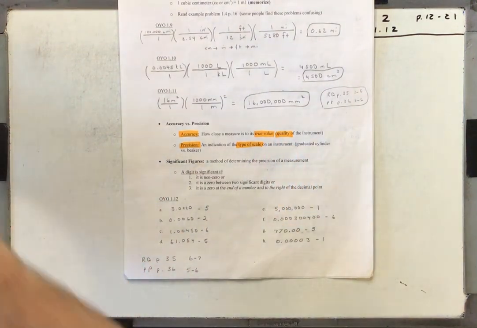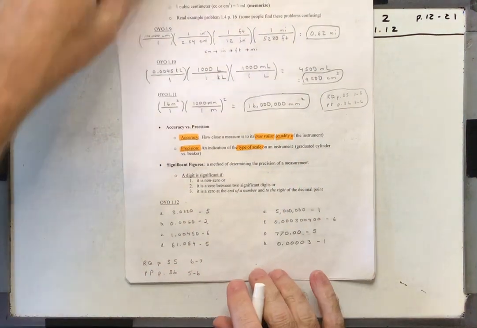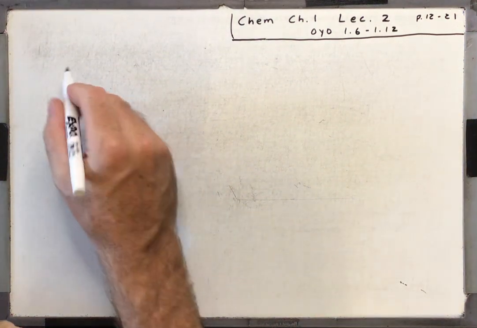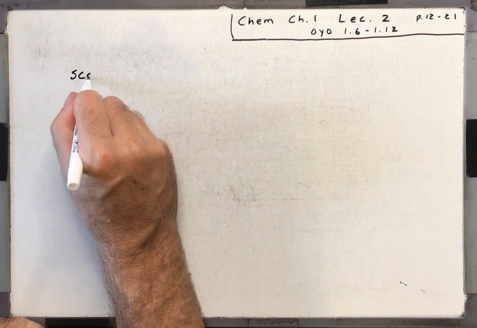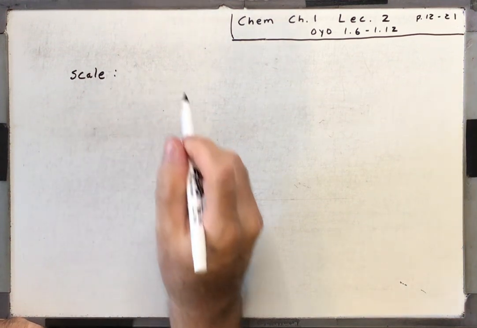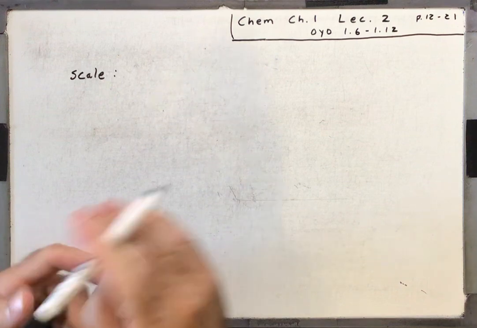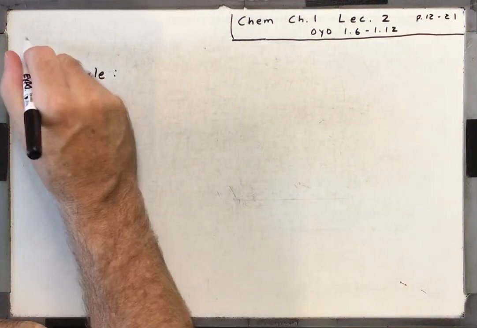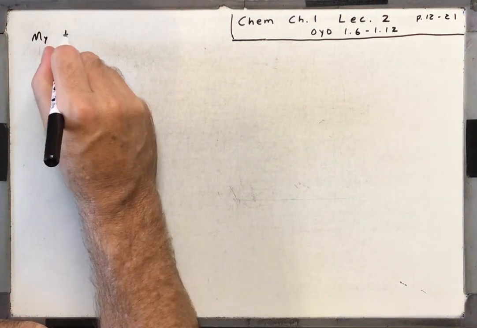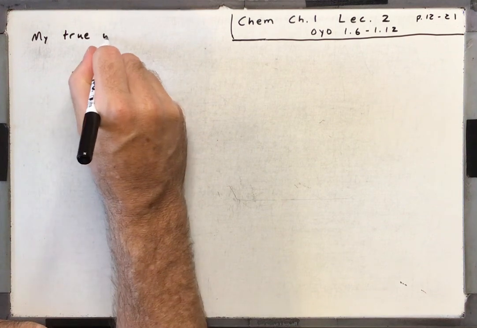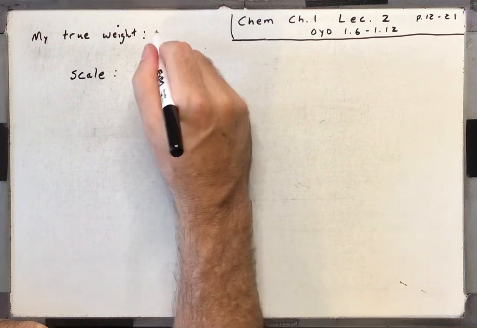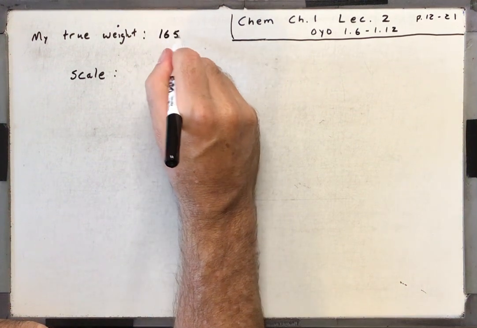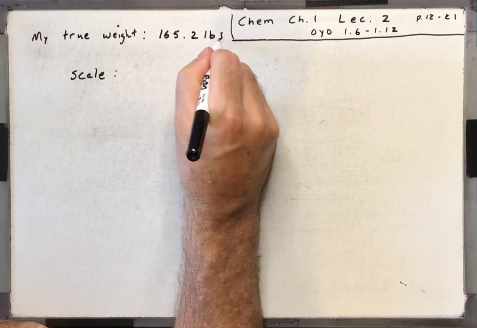So I'll give you a little bit different example than what's here in your notes. Let's say we have a scale, just a bathroom scale, and let's say that my true weight is 165.2 pounds.